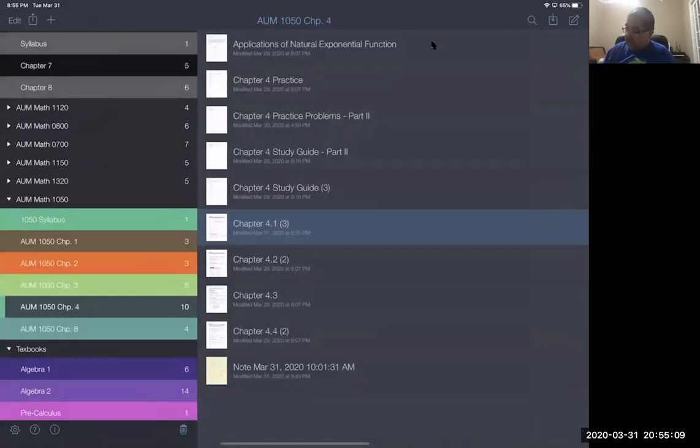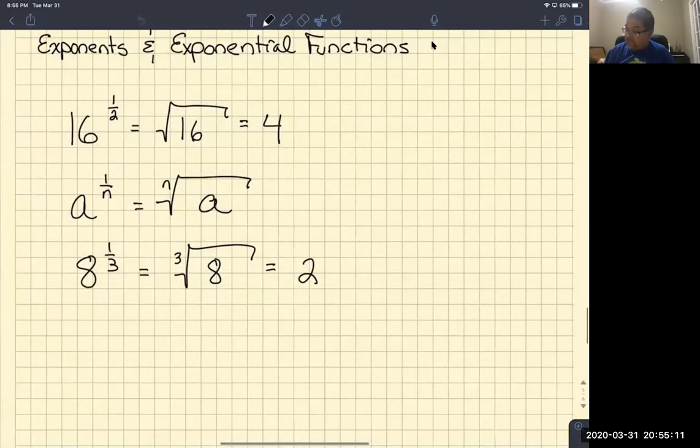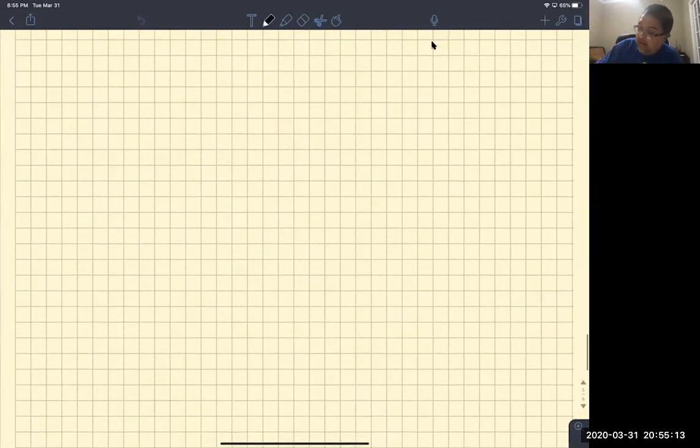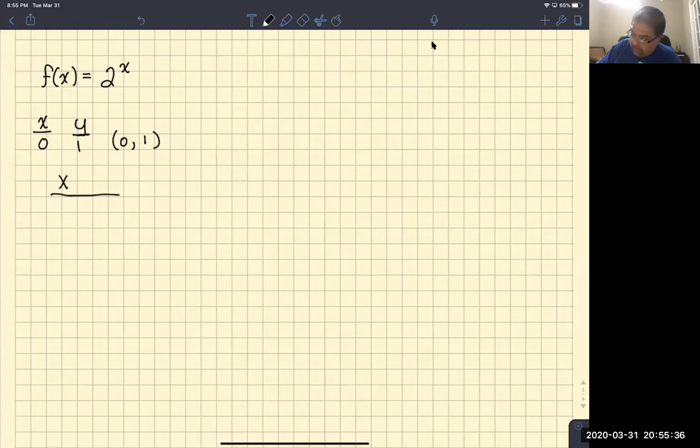Now, let's look at some other characteristics of exponential functions. Let's work with the easier one, f of x equals 2 to the x. When x is 0, we said y is 1. So that means my y-intercept is at (0, 1). Now, let's do a t-table. If you remember from high school how to do a t-table, you draw a chart.